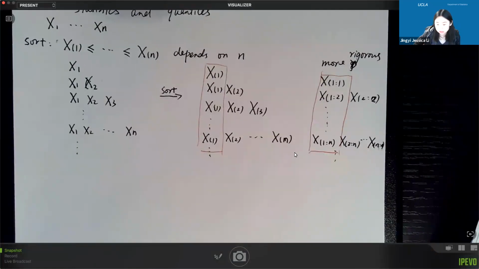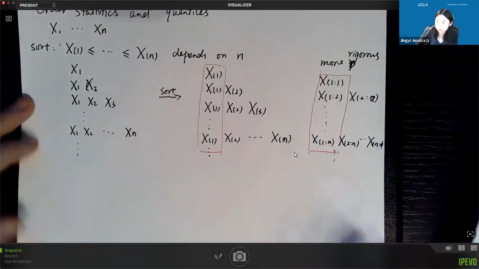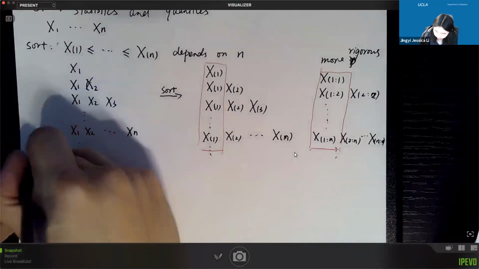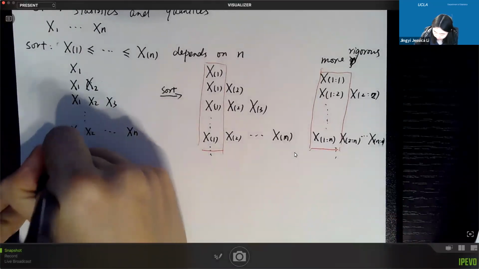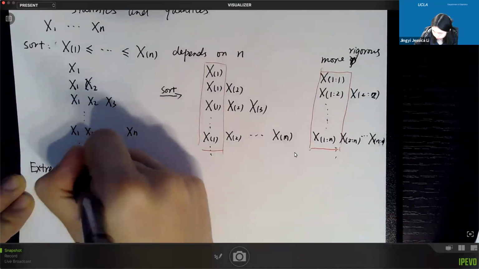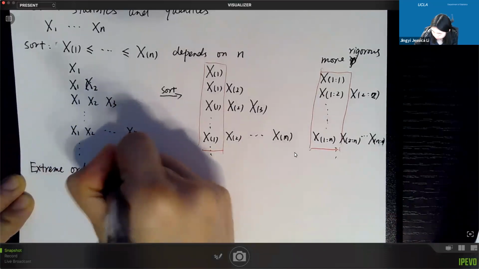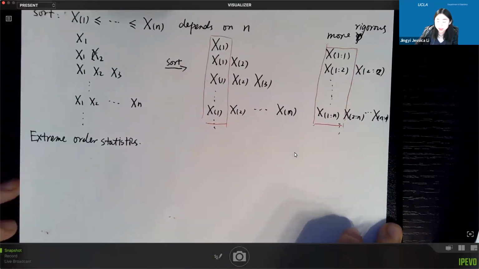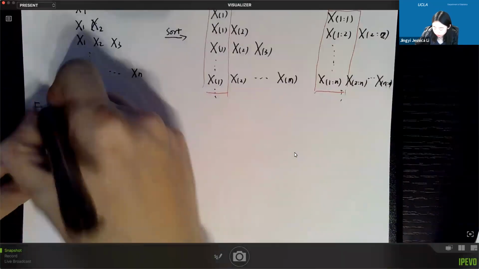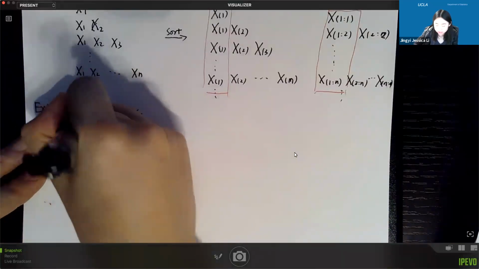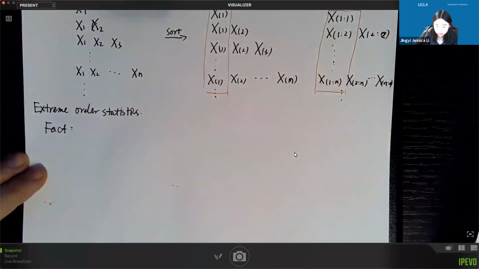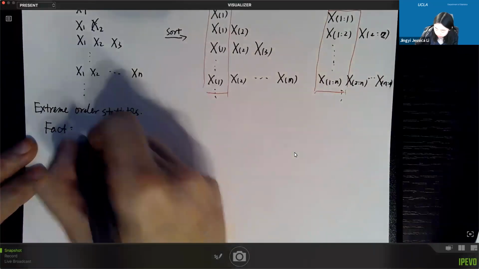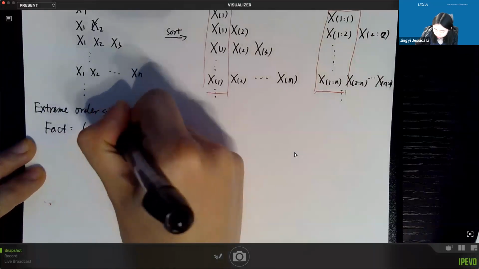The first order statistics we're going to discuss are what we call extreme order statistics. By extreme, we mean the minimum or the maximum. The fundamental mathematical fact we're going to use for the asymptotic distribution of these extreme order statistics comes from calculus.